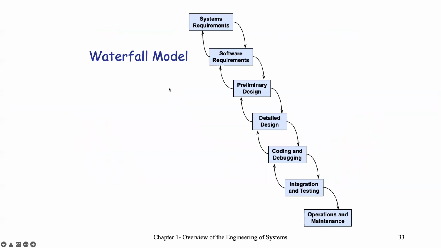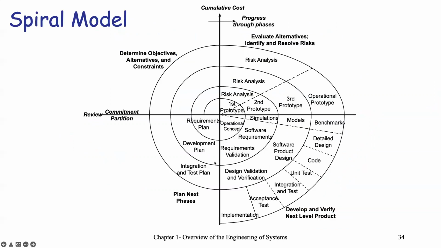So there are other types of models that you can use for the system engineering process. Here is a waterfall example. One of the things this highlights is the iterative process that can go through that whole process before we complete it. That is another useful approach.